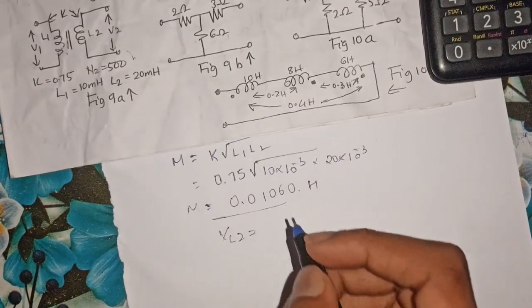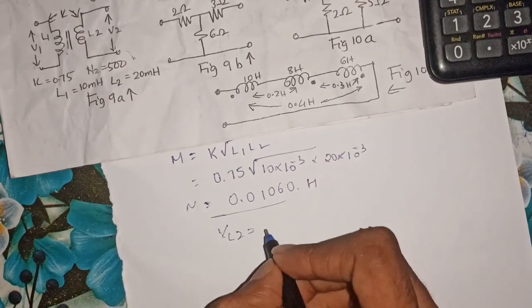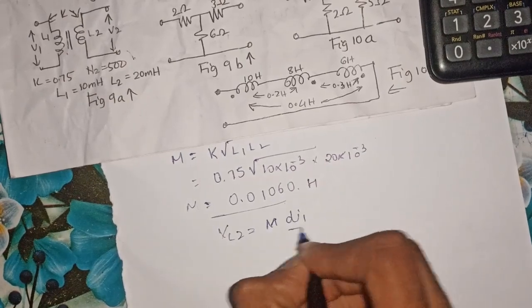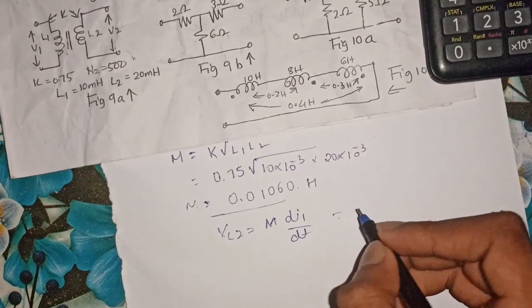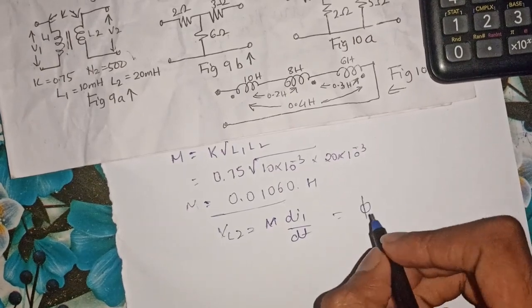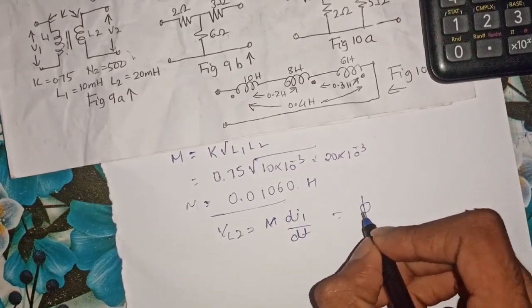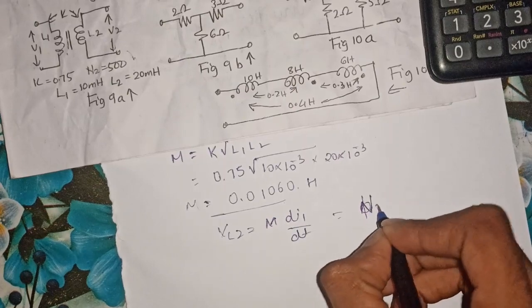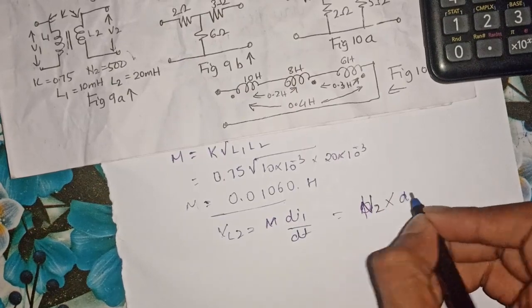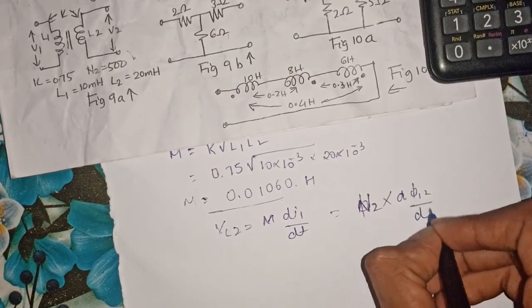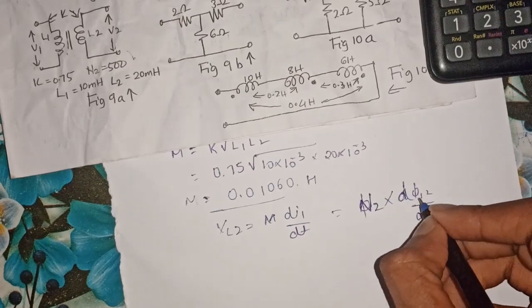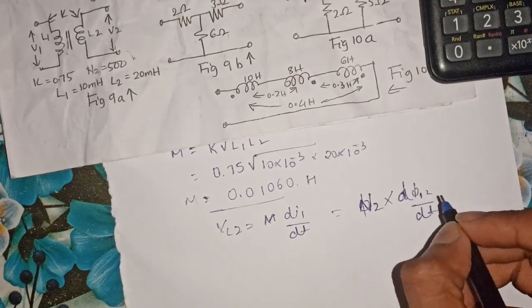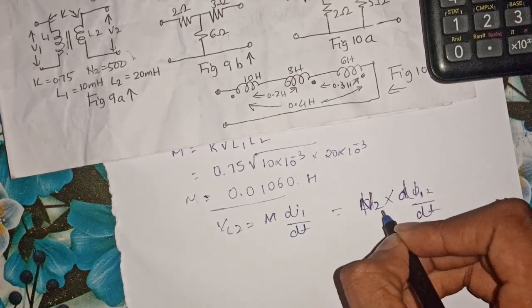So the voltage induced in the secondary coil is basically given by the formula M into di1 by dt. Also we have another formula, which is N2 into d phi12 by dt, where phi12 is the flux that is linked in 1 due to 2. N2 is the number of turns in secondary.